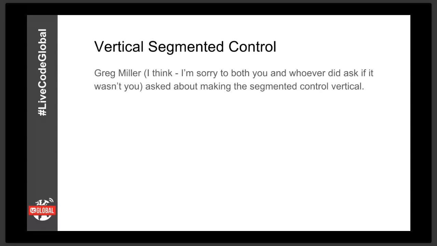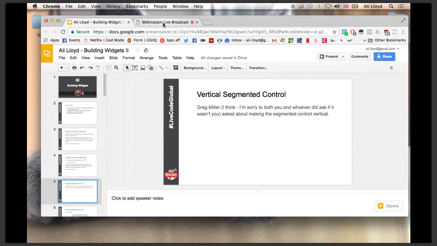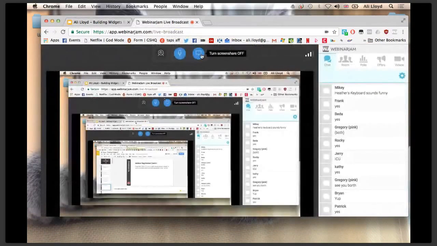Okay, so moving on to the vertical segmented control. I think it was Greg Miller, I'm sorry if it wasn't Greg Miller, who asked about making the segmented control vertical. So I've got a prepared video here that people can have afterwards.